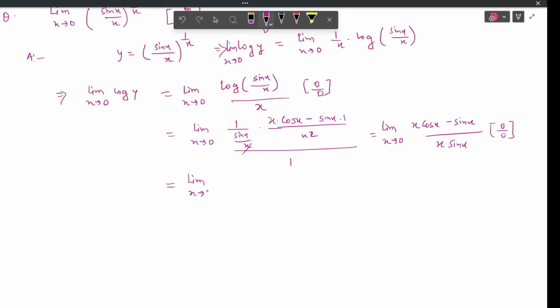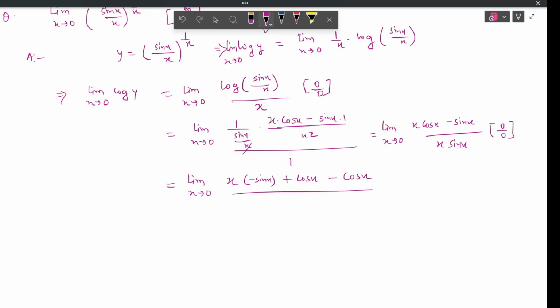So limit x tends to 0, here you have to apply u v rule, so keeping x, differentiation of cos x is minus sin x, plus keeping cos x, differentiation of x is 1, differentiation of sin x is cosine of x.